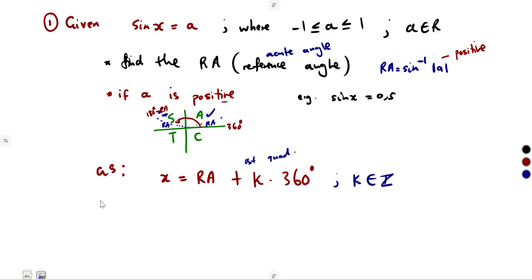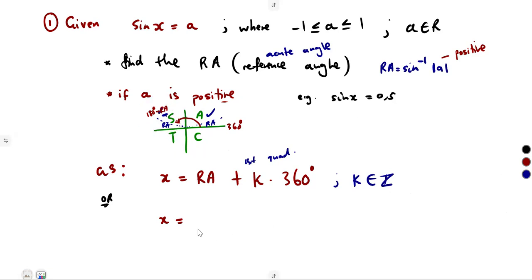Or we are going to have another solution obtained from the second quadrant. The first one is the primary value. The one in the second quadrant, the second solution, is the secondary value. So in that case, our x will be equal to the angle represented in the second quadrant, where sign is positive.